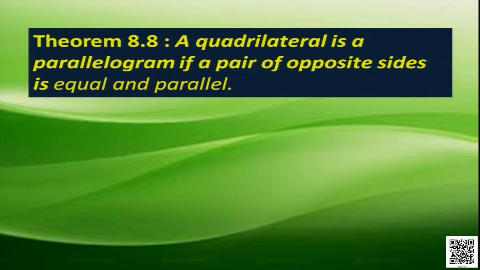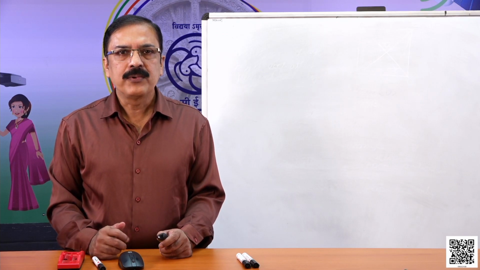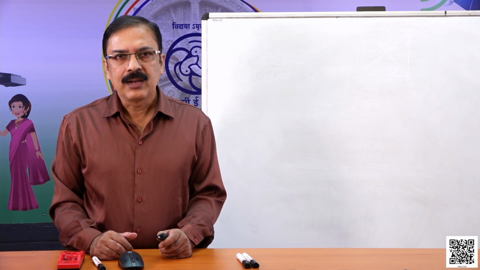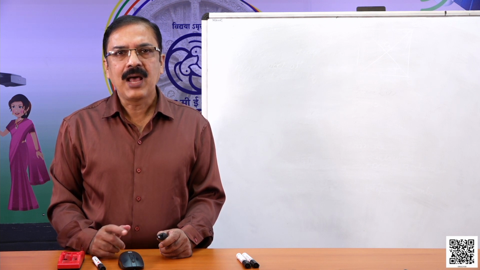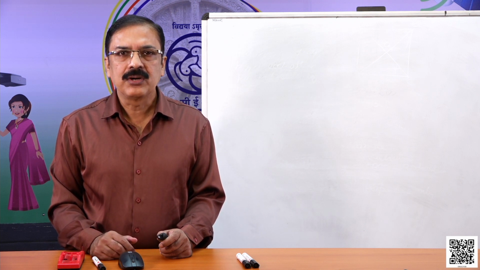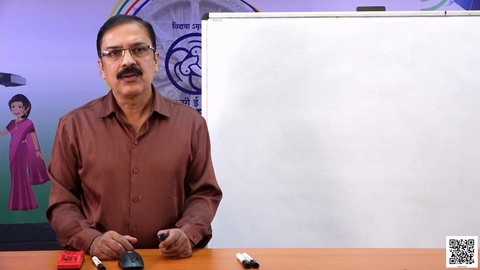We know that in a parallelogram opposite sides are parallel and equal. Here the condition is that if one pair satisfies this condition, then also the quadrilateral is a parallelogram.